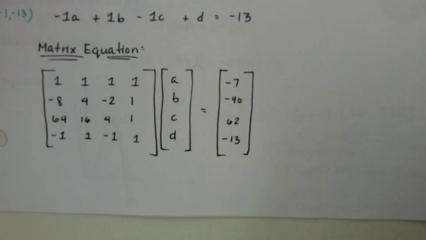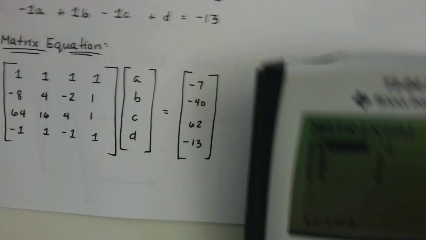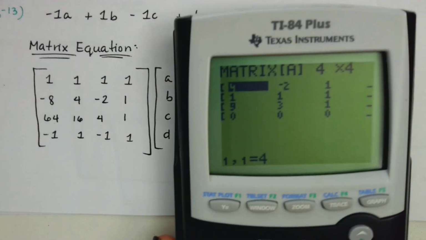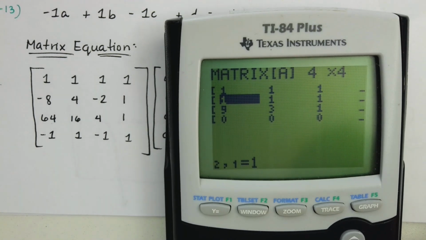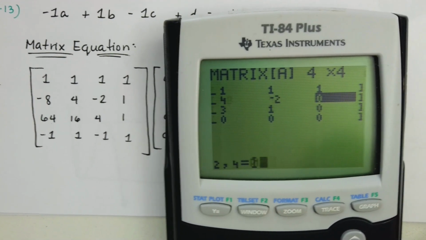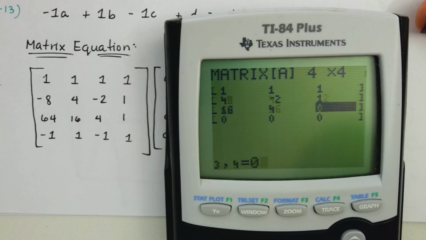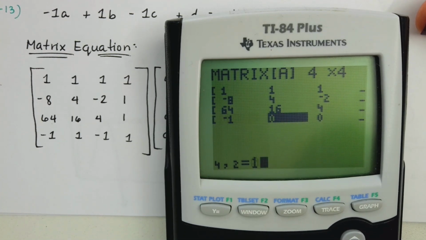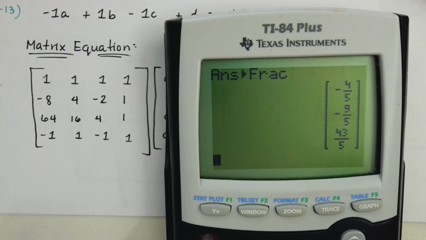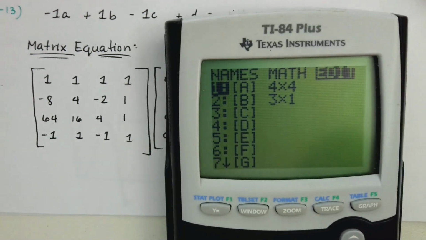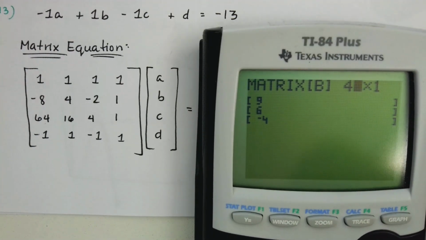All right, getting that typed in. What size is the coefficient matrix on this one? 4 by 4, right. Editing matrix B. What size is matrix B? The constants? 4 by 1.